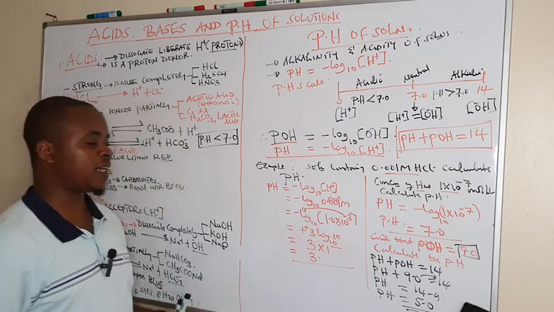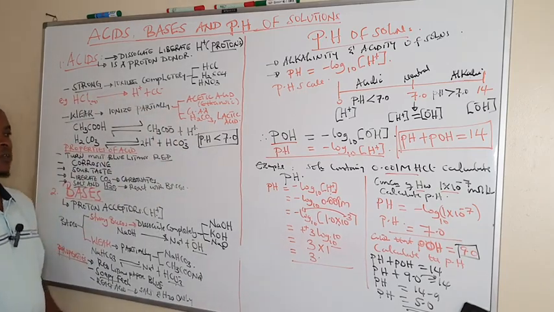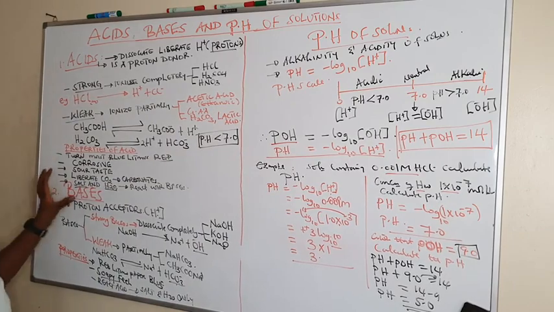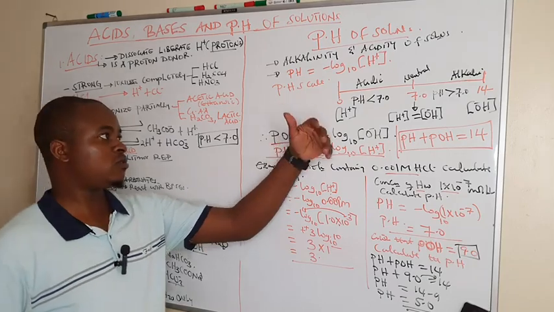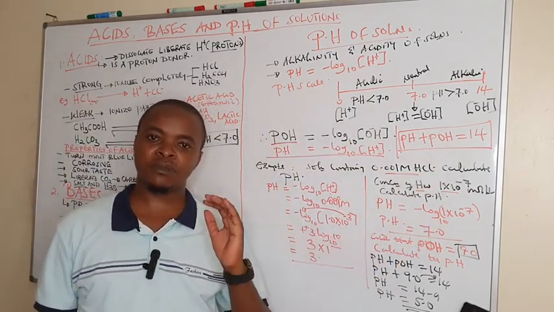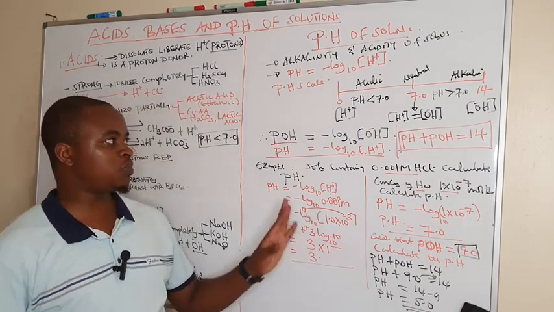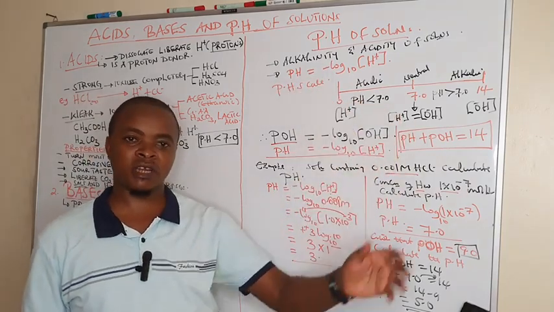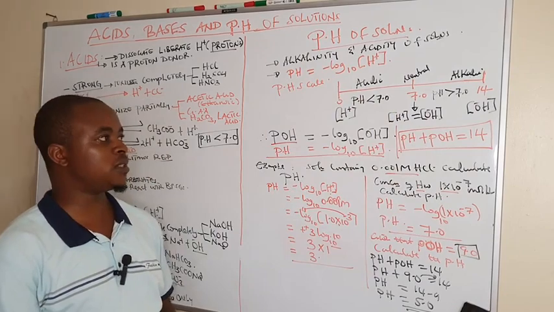So this is what we can cover under this video, whereby we have looked at acids and bases, and gone ahead to talk about the pH of solutions, which is determined majorly by using a pH meter. pH is the measure of the degree of acidity or alkalinity of solutions.